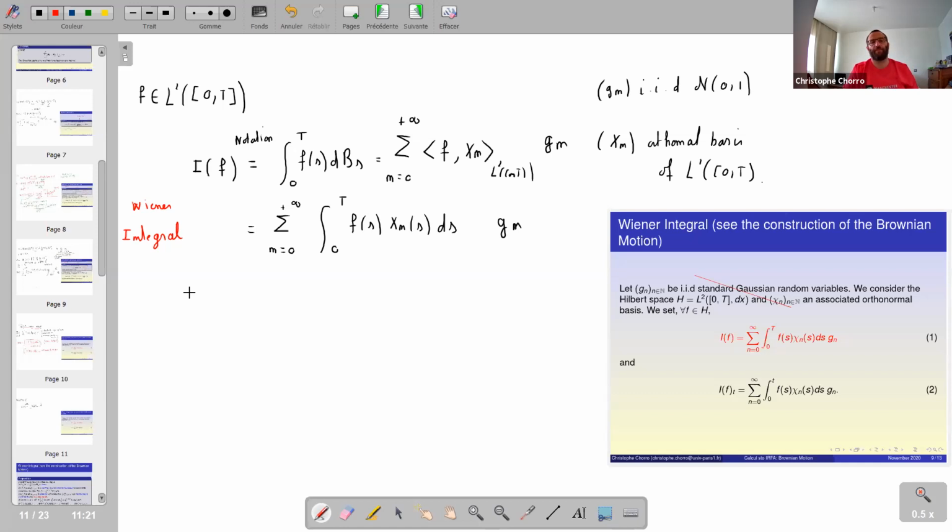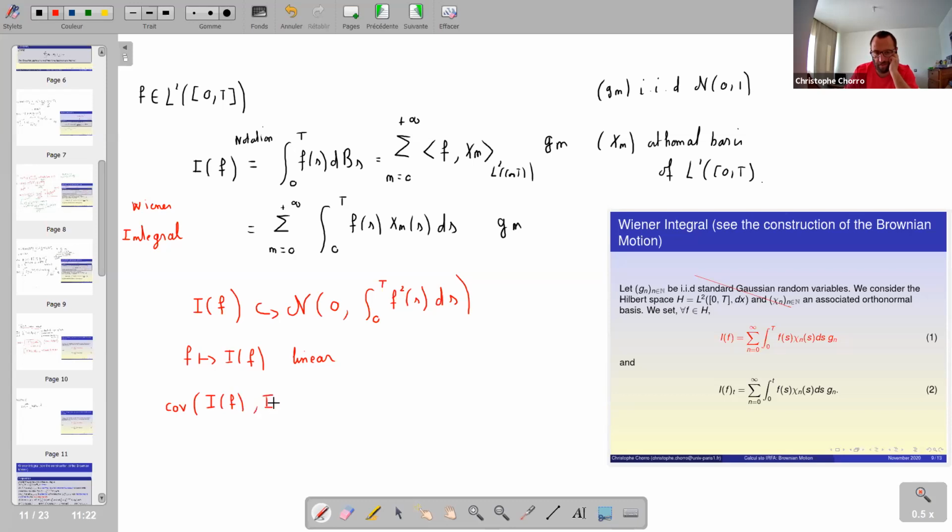What have we proved together? First, that I of f is well defined, proving that this infinite sum is convergent in L2. But we have also proved that this random variable is a Gaussian random variable with mean 0 and variance the integral between 0 and capital T of f square of s ds. We have proved that this mapping here is linear, and that I am able to compute the covariance between two Wiener integrals.